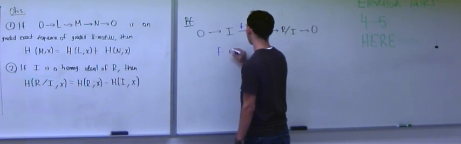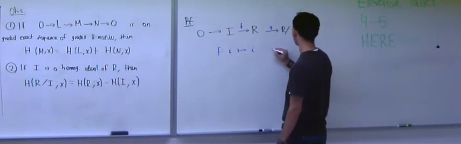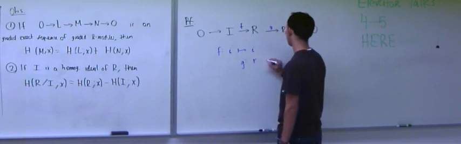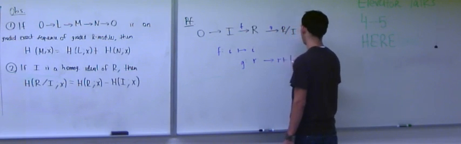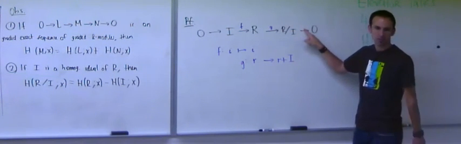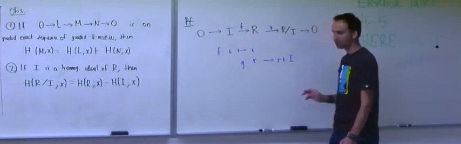It's going to take an element of I and take it to itself in R. And what is G going to do? It's going to take an element of the ring and take it to this coset. Remember, you don't get to choose the outer maps because you have to map 0 to 0.